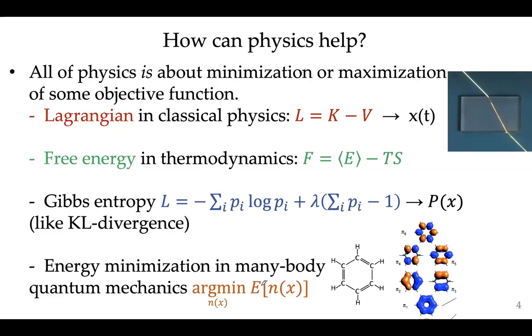All of physics is actually about minimization or maximization of some objective function. Let's start with classical physics. What we call the objective function in classical physics is basically the Lagrangian. It's kinetic energy minus potential energy. When you minimize the Lagrangian, it gives you the equation of motion for the particle or the wave.